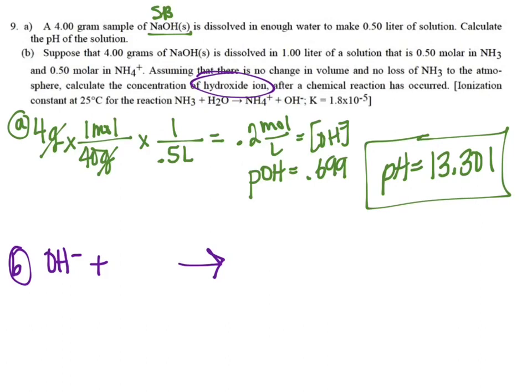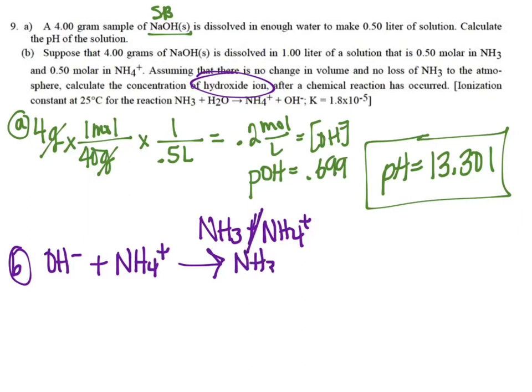And when it invades the buffer, our buffer is acetic acid and the acetate ion. Who's it going to interact with? Oh, sorry, you're right. Thank you. NH3 and NH4 plus. So it's going to interact with NH4 plus to give me NH3 and water.